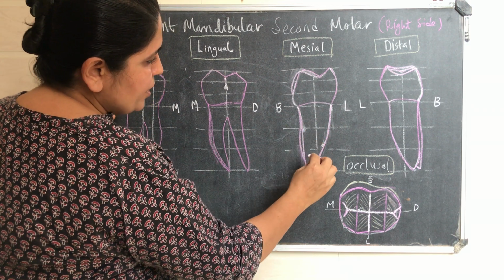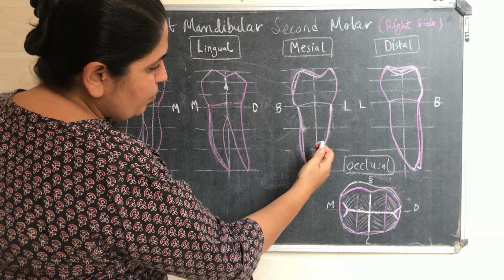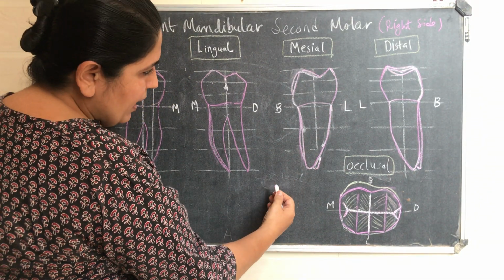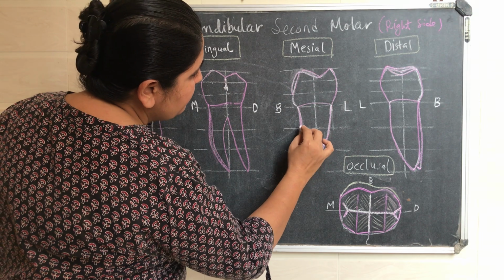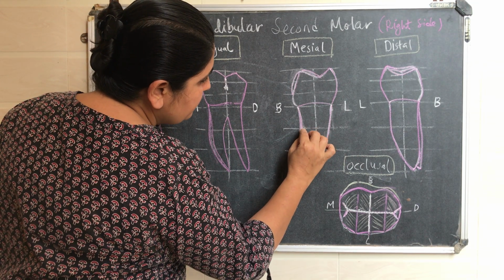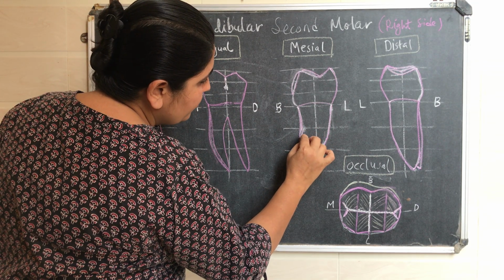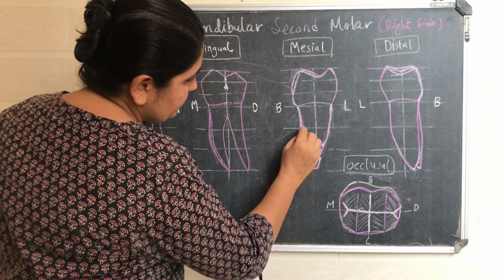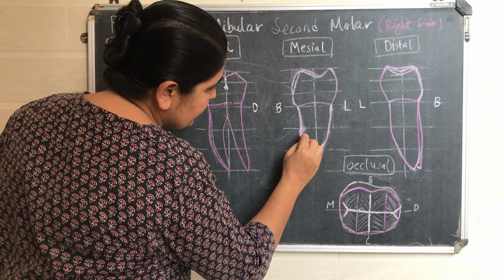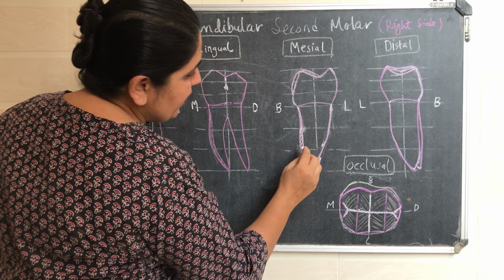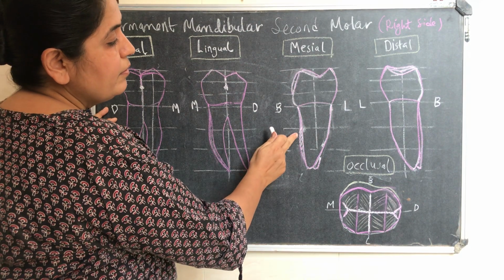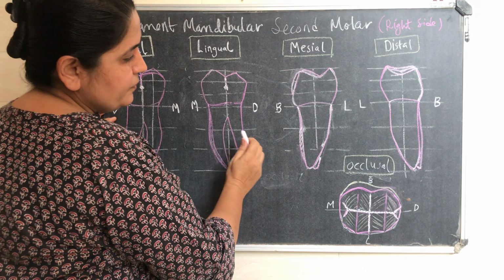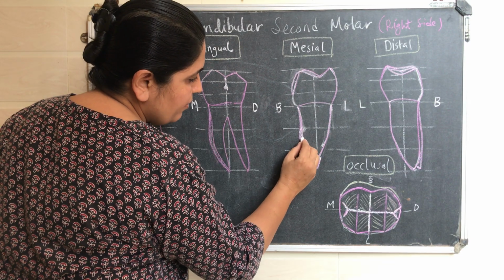The root portion is more buccally inclined. The apex is more towards the buccal side, and this is the part of the distal root which is seen from the buccal side.